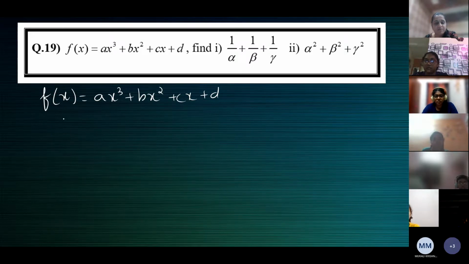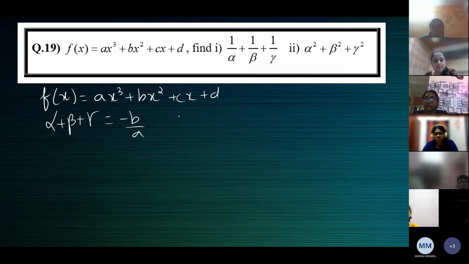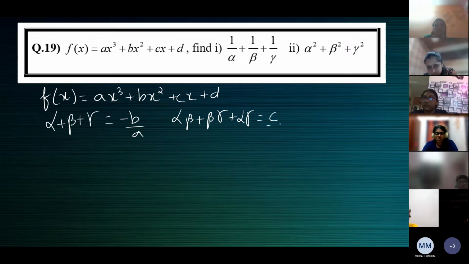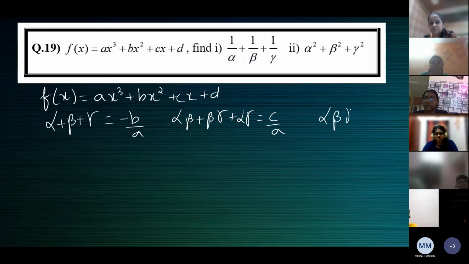What is alpha plus beta plus gamma? Minus b by a. What is alpha beta plus beta gamma plus alpha gamma? C by a. And Harini, what is alpha beta gamma?